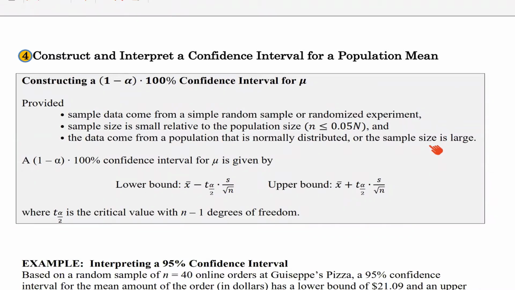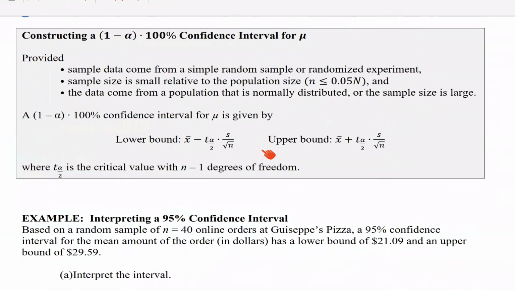If you have a large sample size, meaning n is at least 30, let's say, then we know via the central limit theorem that X bar will be approximately normal. So X bar has to be approximately normal in order to use students' t distribution to construct confidence intervals.